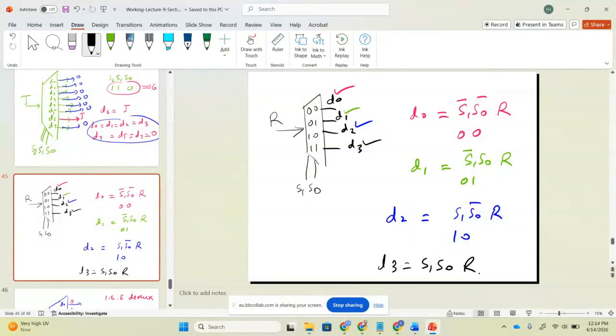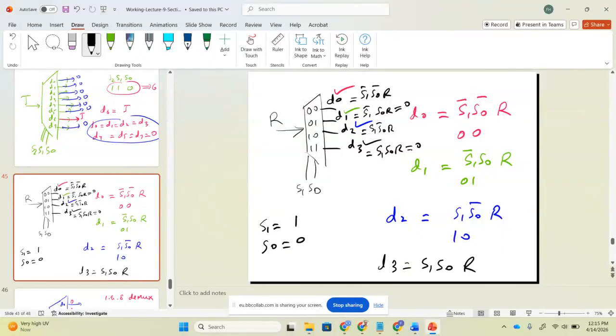Okay, now take some value. Assume that S1 is 1 and S0 is 0. Now can you see here? D0 is S1 bar S0 bar R. D1 is S1 bar S0 R. D2 is S1 S0 bar R. And D3 is S1 S0 R. Since S0 is 0, this will be equal to 0, and this will also be equal to 0.